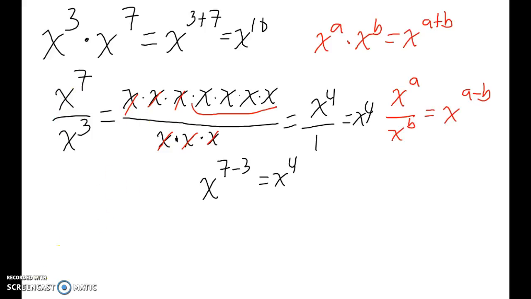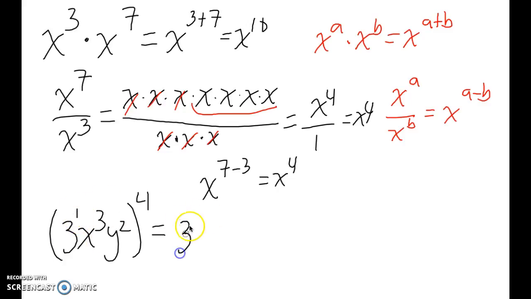Let's take a look at one more right here before we do any combining together. So let's say that I have 3x cubed times y squared, and then I want to raise this whole expression to the fourth power. Anytime I take a power to the power, I just multiply the powers together. Now this 3 also gets included, so I have to think of it kind of like a 3 to the first.